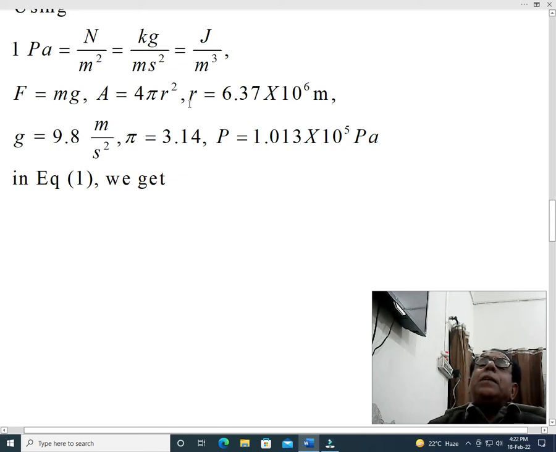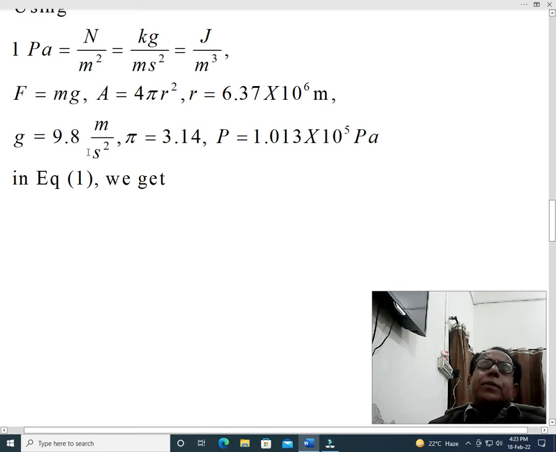But even if it is not given, we can find this value from table of constants given in appendix at the end of a textbook of physics. Similarly, the value of g is also a constant value. g is equal to 9.8 meter per second square, we know, and it is not given in the statement.